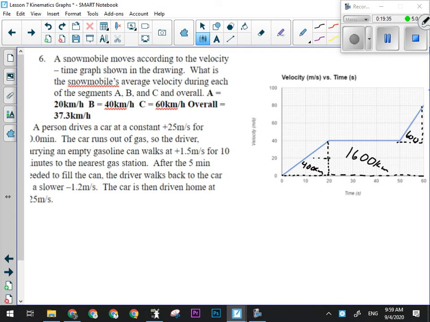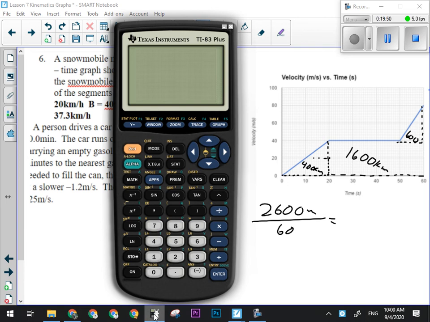So this will be 2,600 kilometers, and we're dividing that by the time, which is 60 hours. Does that come out to 37.3? Doesn't feel like it. Do I have a mistake on there? I don't know why I have 37.3.